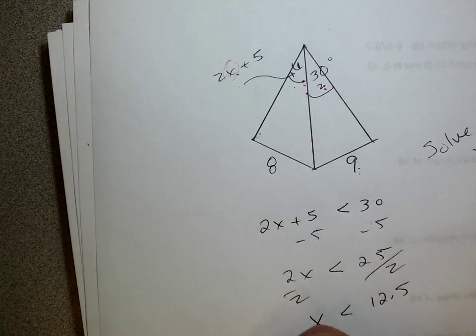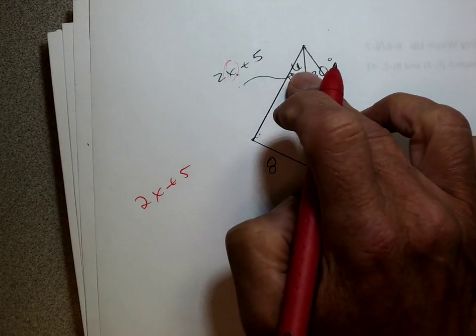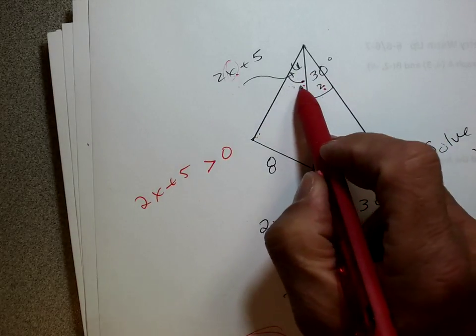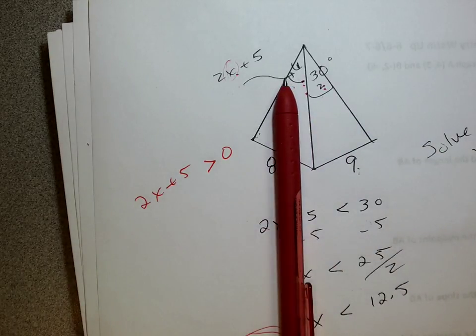So there's a range, and our range comes from this. We also can't let 2x plus 5 be 0 or negative. So let's make sure we make it greater than 0. This angle here, no matter what it is, can't be 0, because if it's 0 degrees, there's no angle. And if it's negative, there's no angle.